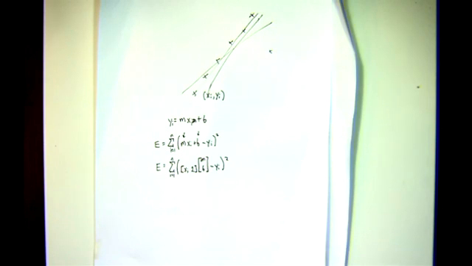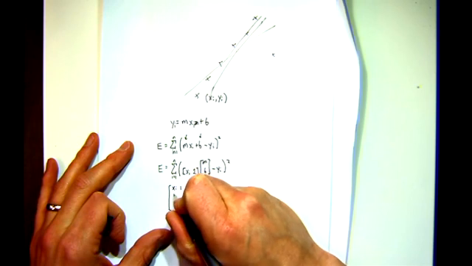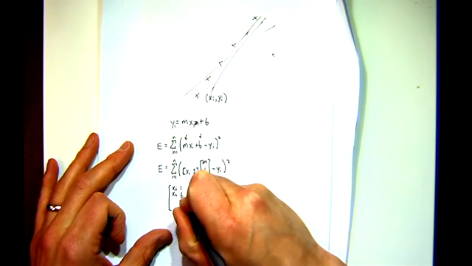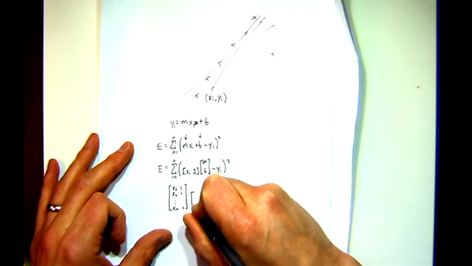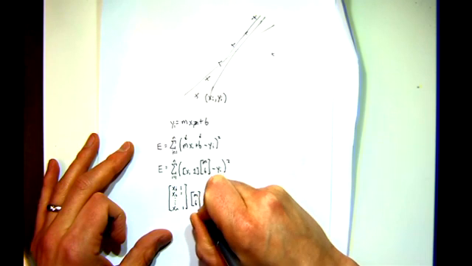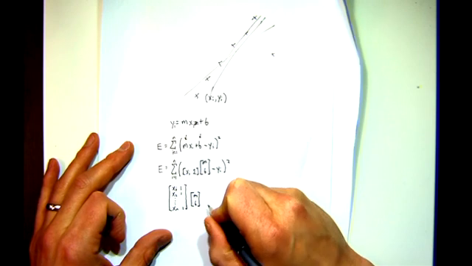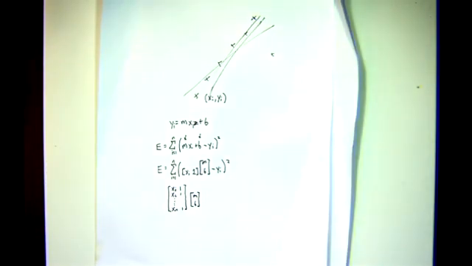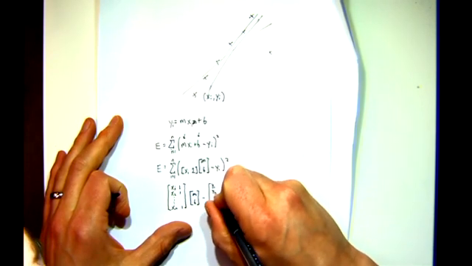This entire expression can be written out as the matrix with rows x1 1, x2 1, dot dot dot, xn 1, times (m, b), minus the vector y1, y2, dot dot dot, yn.